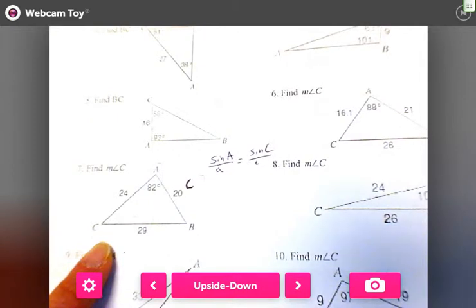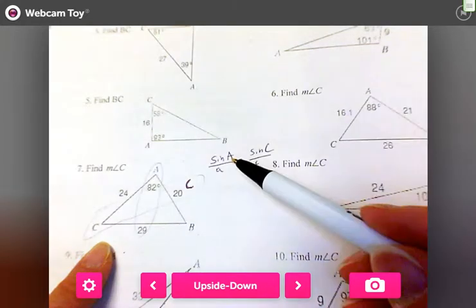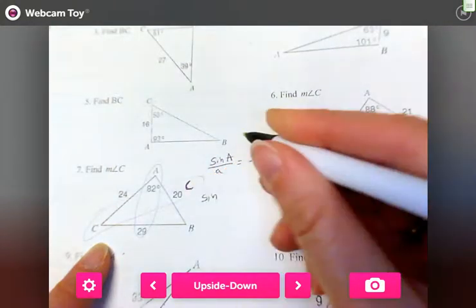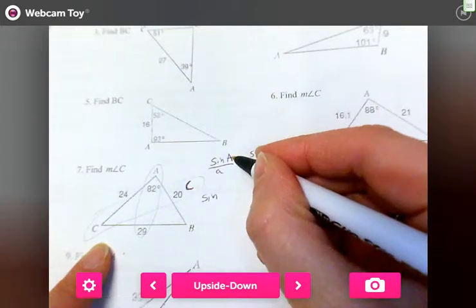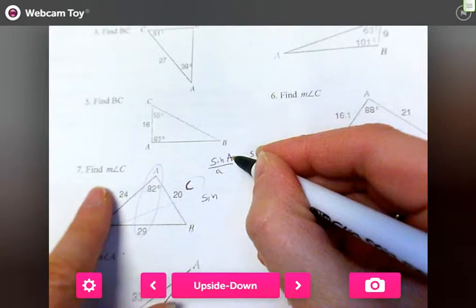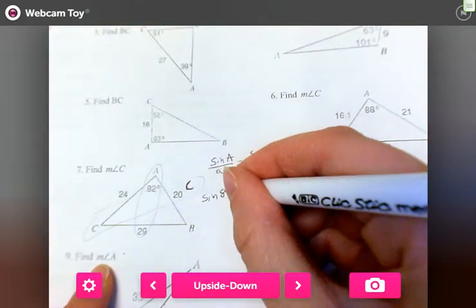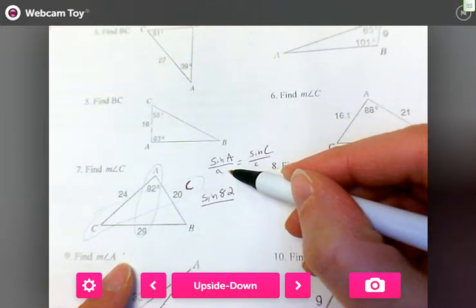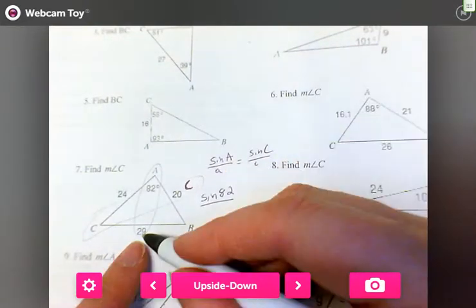Okay. Now we're going to fill in where it says big A, big C with all the stuff that I possibly have. So I'm going to put sine of what? What goes instead of A here? 82, good. What goes instead of little a? 29, across from it, right?